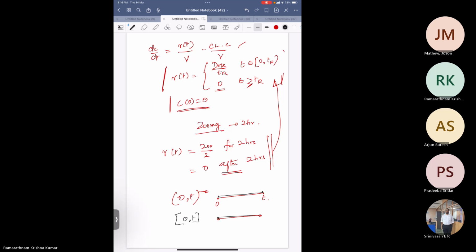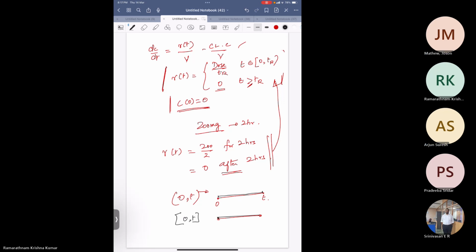Subtle difference. So when TR is included, then T would be greater than TR. Exactly, because in 2 hours you can't still give the dose and make the dose 0. That's not possible. Understood?